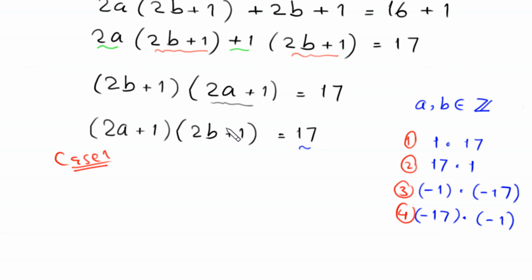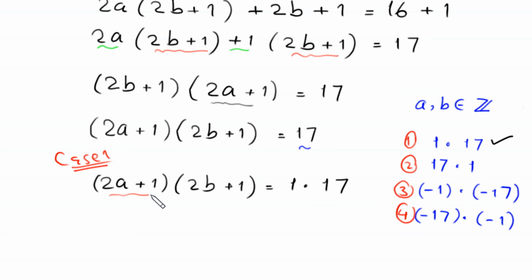In this case we write this expression 2a plus 1 times 2b plus 1 equal to this 1 times 17, and we write this 2a plus 1 equal to this one, and we write this 2b plus 1 equal to this 17.